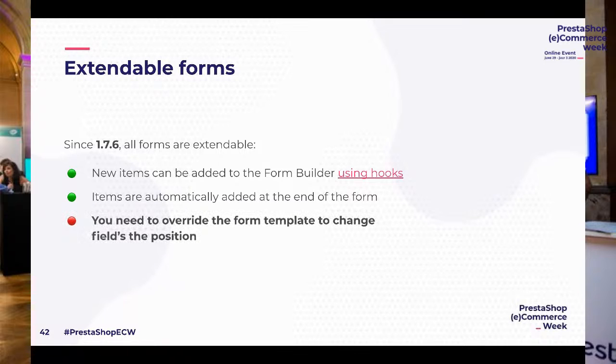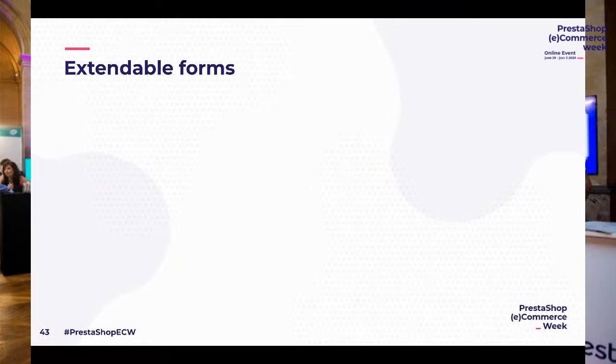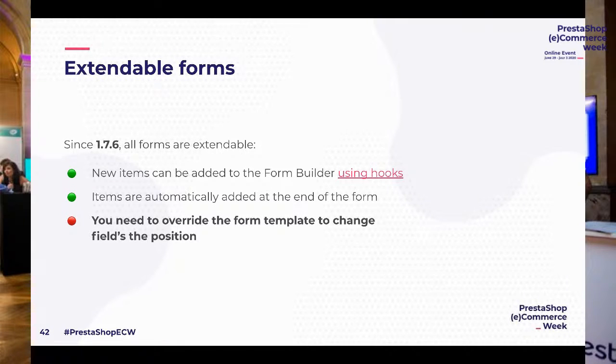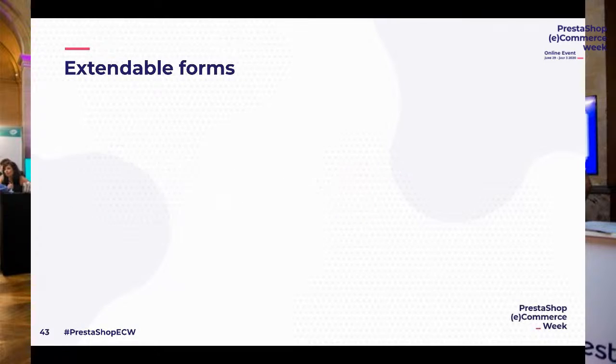But if you want to add that field at a specific place within the form instead of at the end of it, it's a little bit more complicated, because you're forced to override the form template to be able to choose where in the form you want to add it. Starting in 1.7.7, we improved this form extensibility.